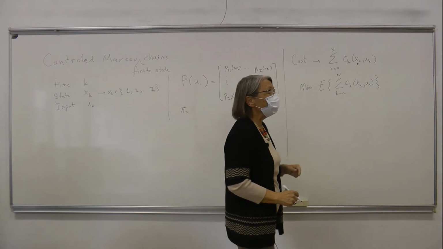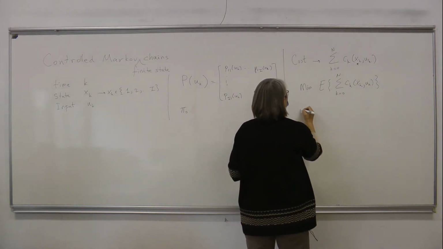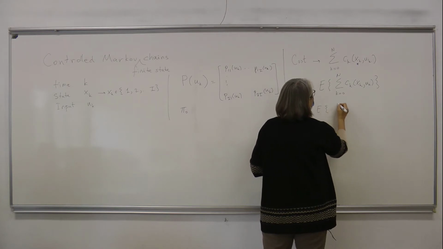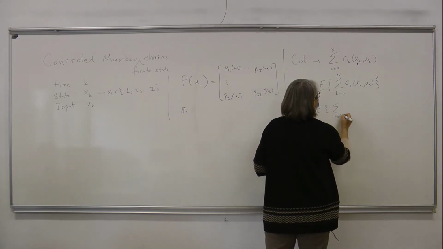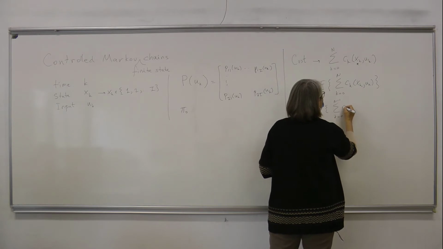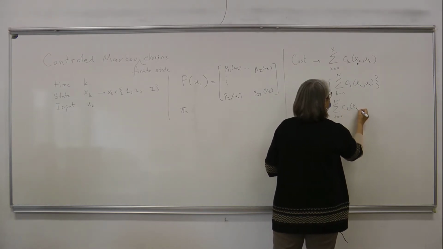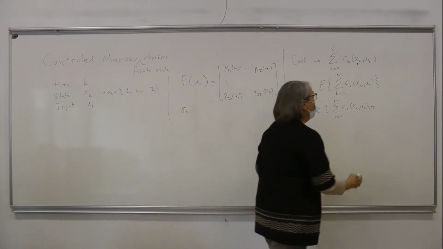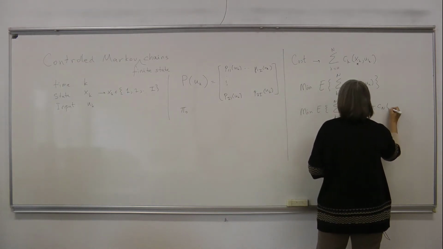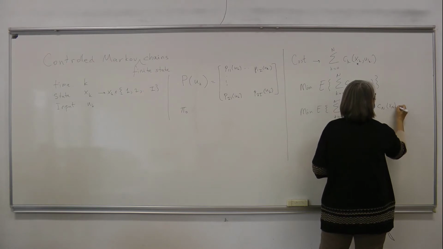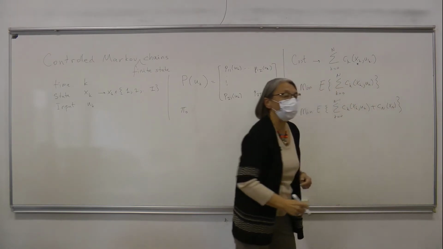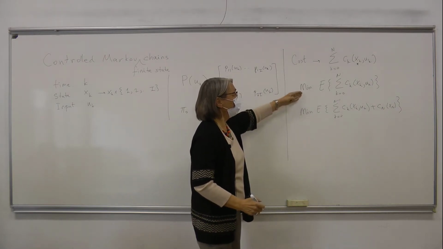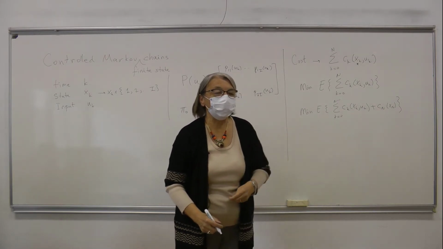And in some cases, an equivalent problem can be written as minimize the expected value of the sum k from 0 up to n minus 1, c sub k of x_k u_k, and we separate the last one as c sub n of x_n. The last one is usually independent of u_k, but since this is a special case of that one, I will talk about the first one.